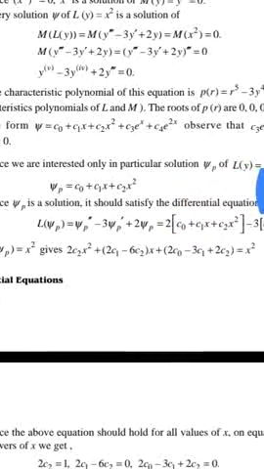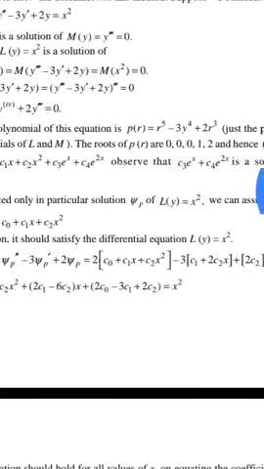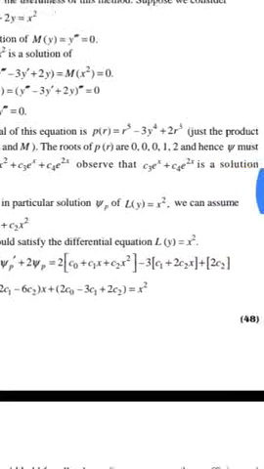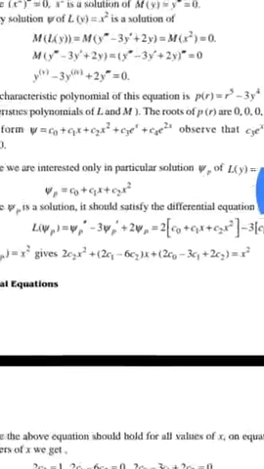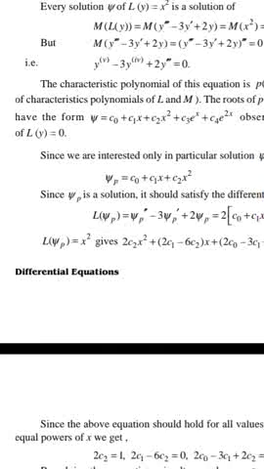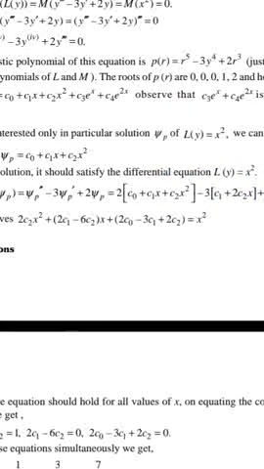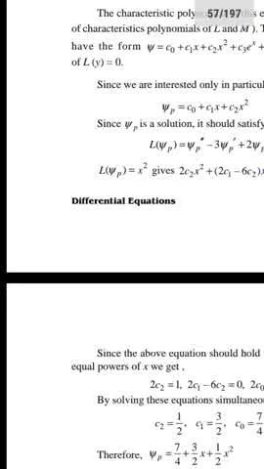The characteristic polynomial of the equation is p of r is equal to r raised to 5 minus 3r raised to 4 plus 2r cube, just the product of the characteristic polynomials of L and M. The roots of p of r is equal to 0 are 0, 0, 0, 1, 2.